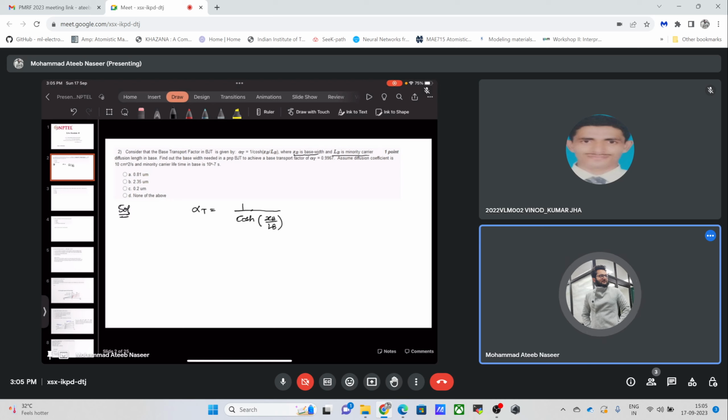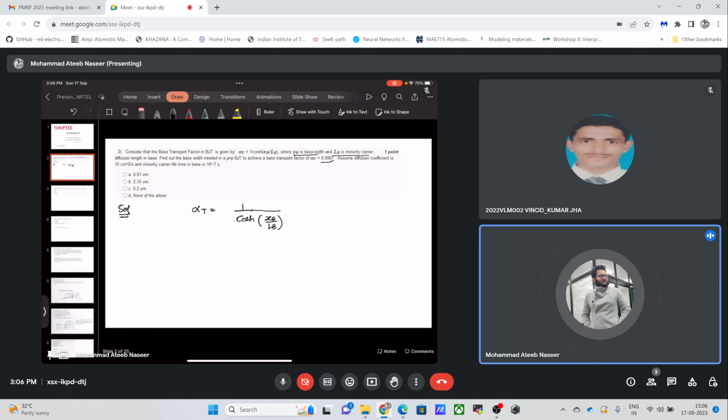So in order to achieve a transport factor of 0.9967, we have been given the diffusion constant value. This diffusion constant gives us a measure of the relative ease of movement of carriers in the presence of a concentration gradient.